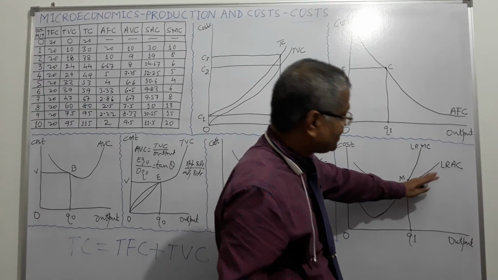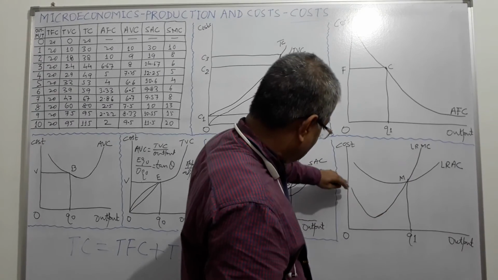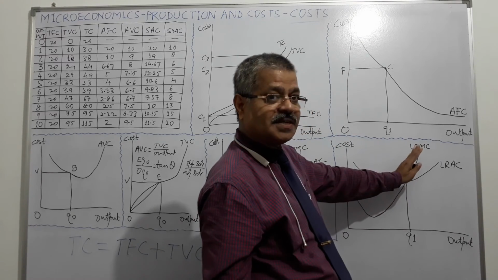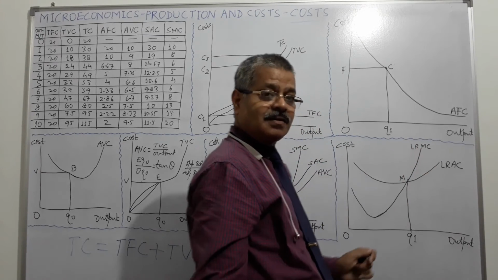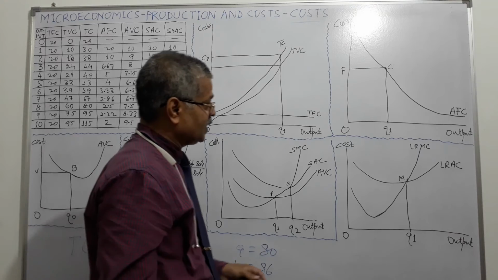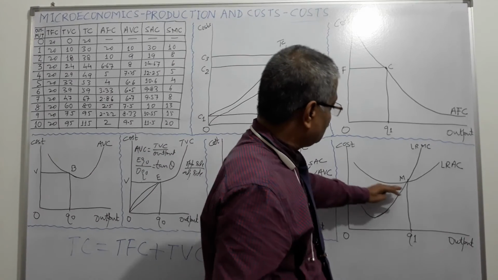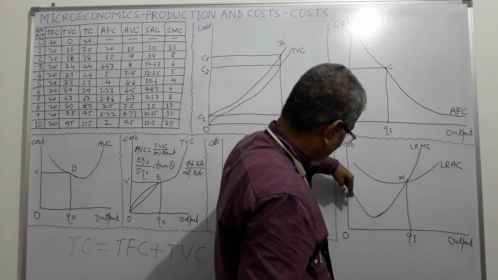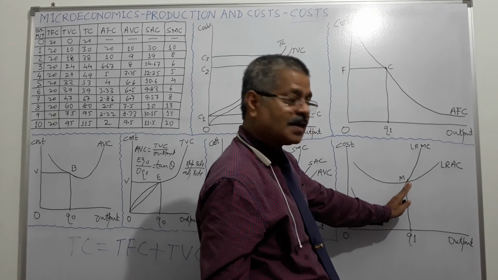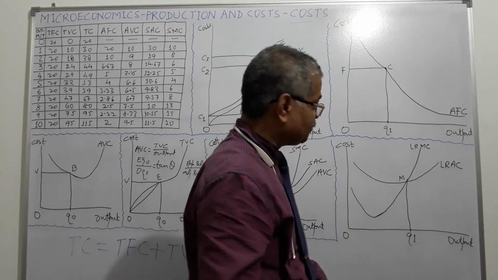When LRAC starts increasing, LRMC also starts increasing and is greater than LRAC. And the long run marginal cost curve cuts the long run average cost curve from below at its lowest point.